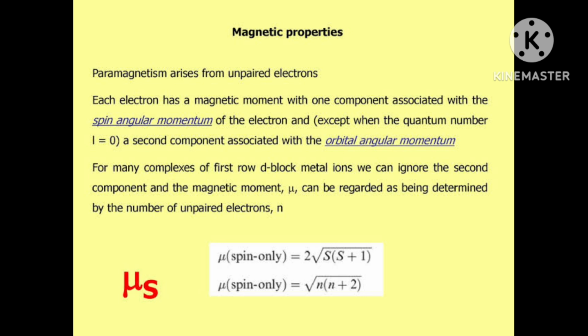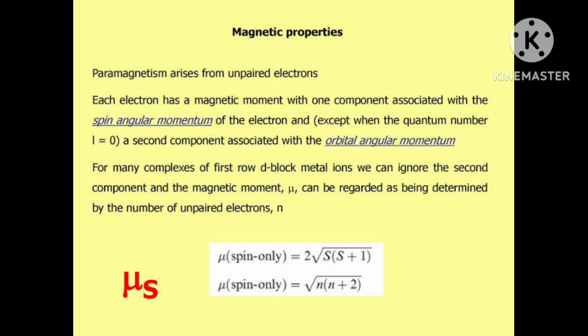Here again you listen, if d4 configuration is there, in case of chromium 2+ and manganese 3+, and d5 in case of Mn2+ and Fe3+, and d6 Fe2+ and Co3+, then in these cases what will happen?